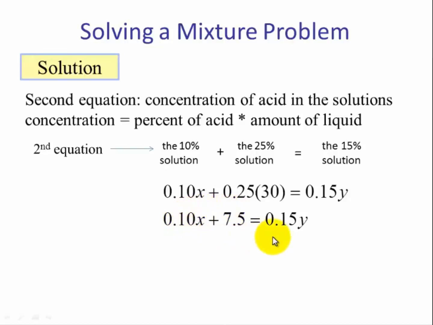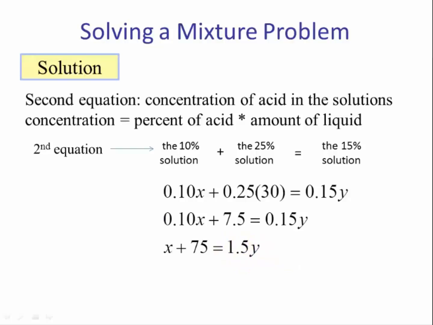I'm going to take this equation and solve for x. To get rid of the decimals, I multiply everything by 10. So 0.10x becomes 1x, 10 times 0.75 becomes 75, and that's equal to 10 times 0.15, which gives us 1.5y.